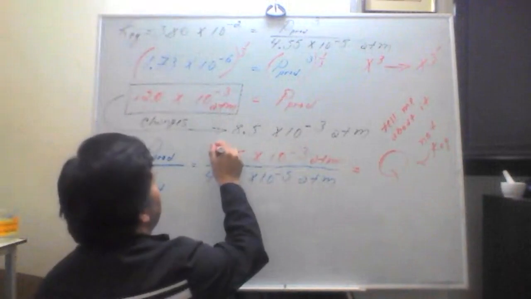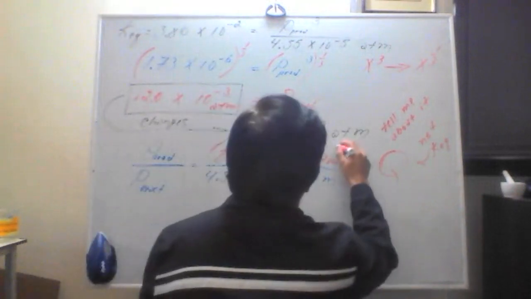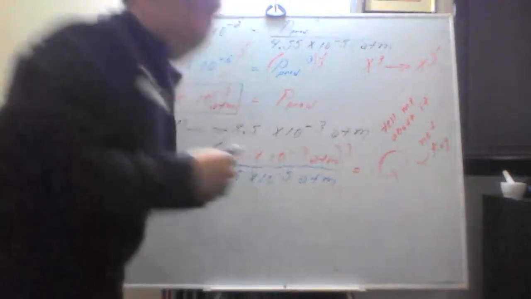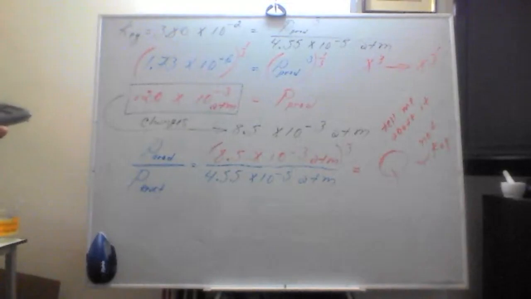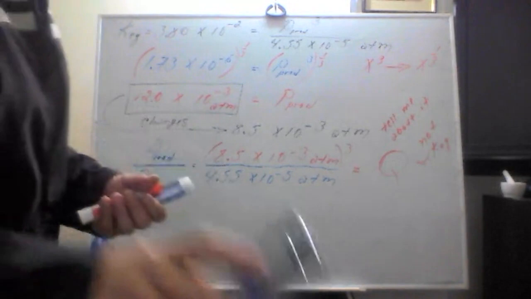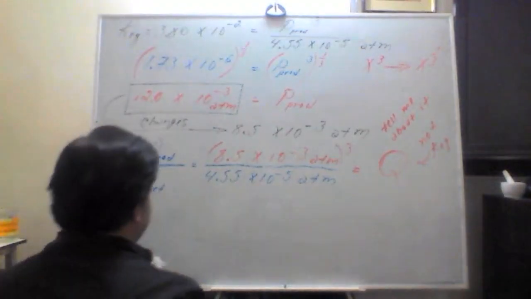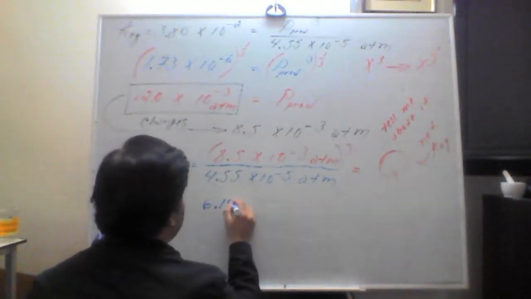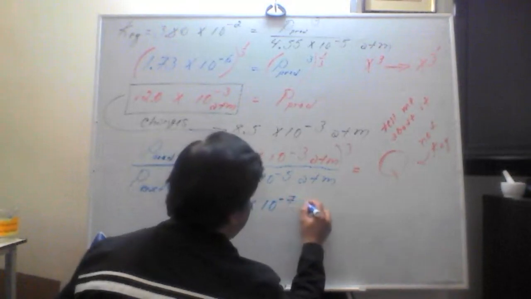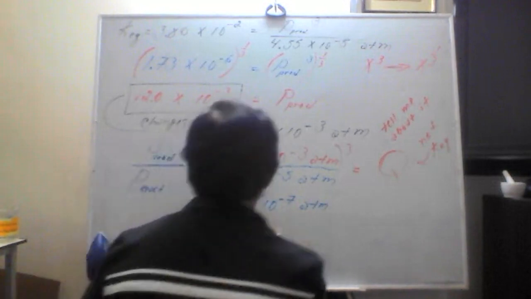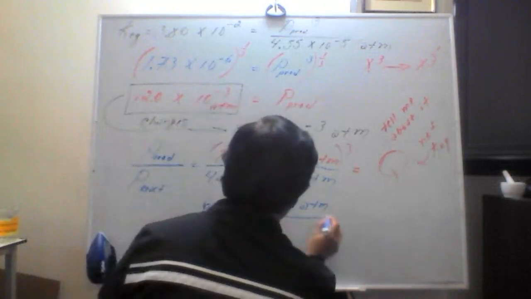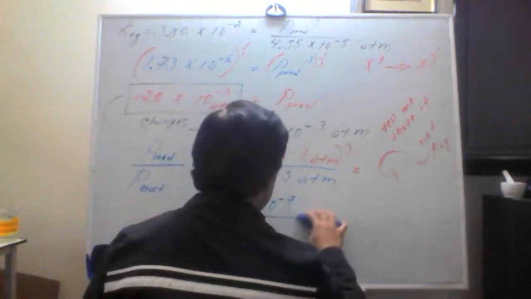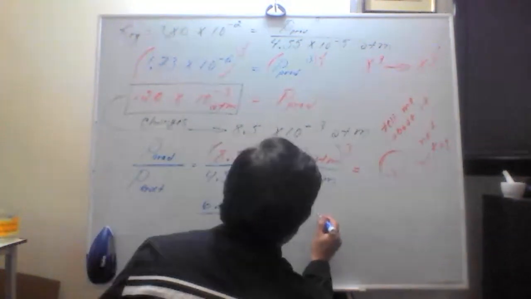So let's write it in the right format. So we get 8.5 times 10 to the minus 3 to the third power over 6.14 times 10 to the minus 7. We're going to skip the units here just to show you the numbers to get an idea of what they look like.